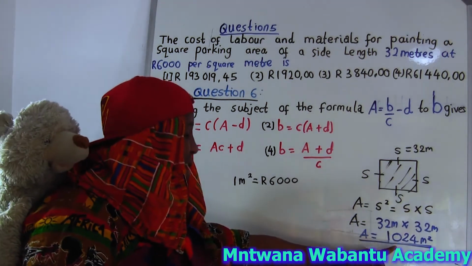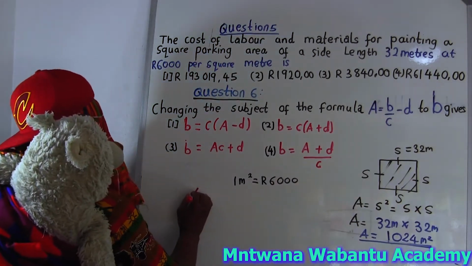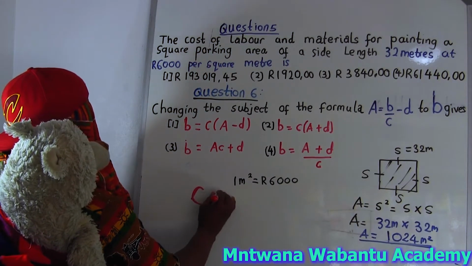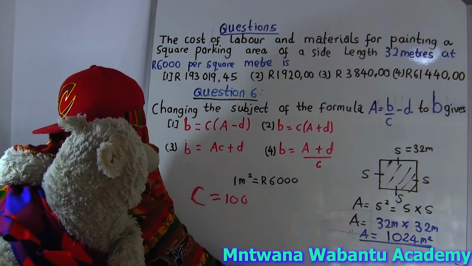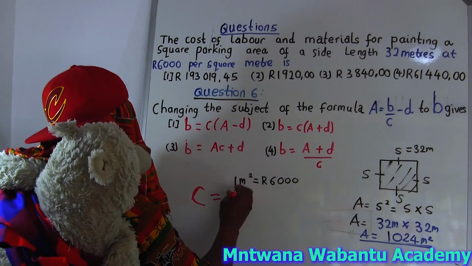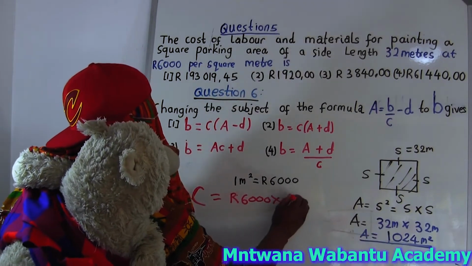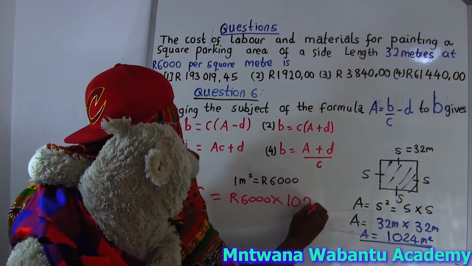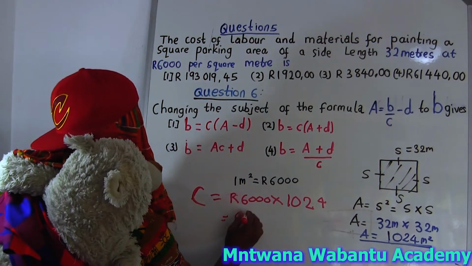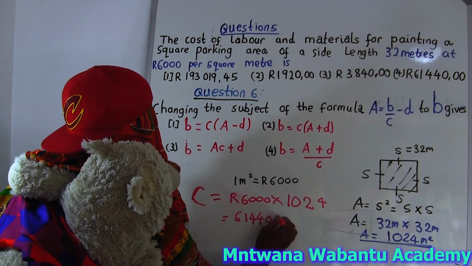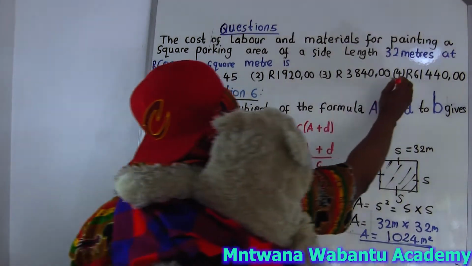We have 1024 meter square, so the total cost is 1024 times 6,000. If you plug in the calculator, you're going to get 6,144,000. So this is going to be our option number 4.